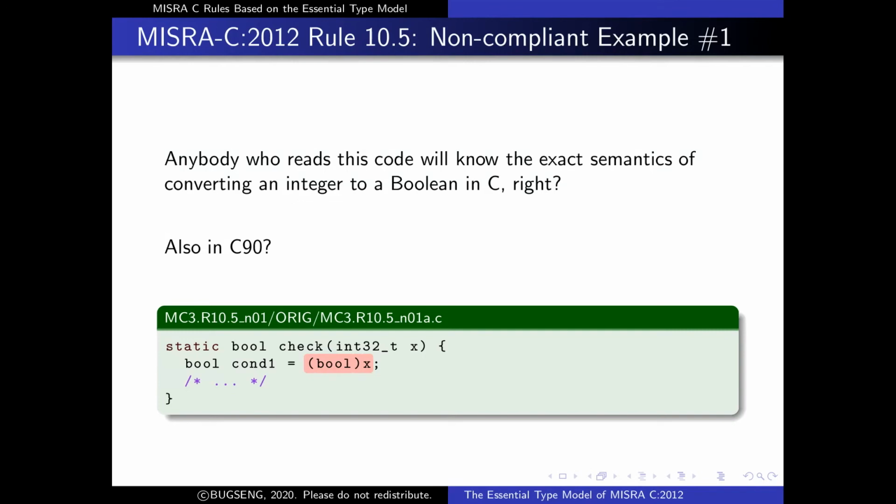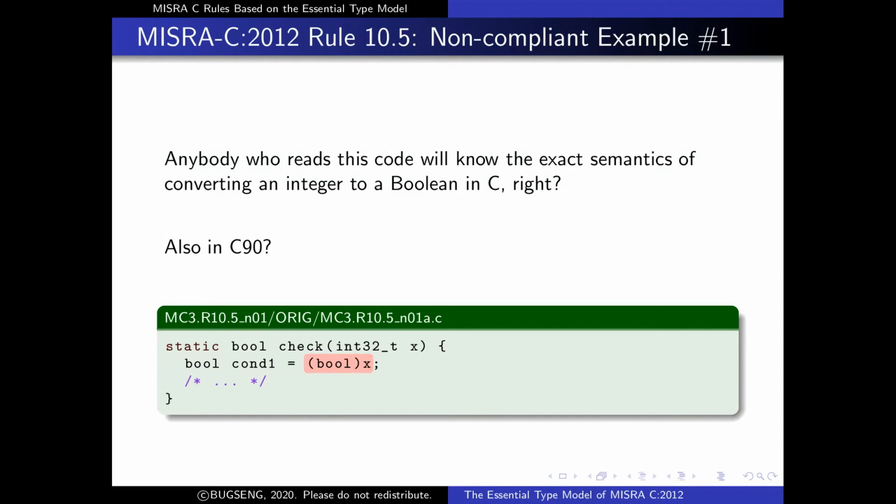In the extreme case, bool can even be a typedef for int. So this cast does nothing. And even in other situations where you are using different types to represent a Boolean in C90, this cast does not reduce the range of the result to 0, 1, which is what you would want.